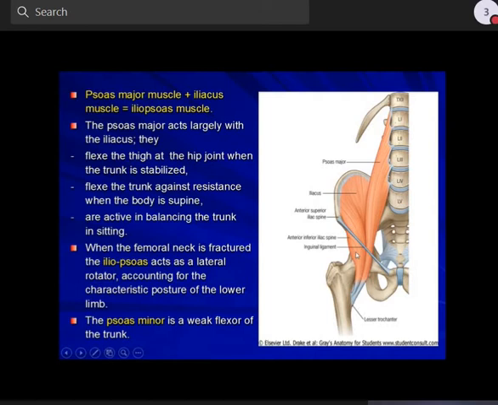Strongly flex at the hip joint. Oh, here you can see just arches in the origin of the superficial part of psoas major through which pass lumbar vessels.